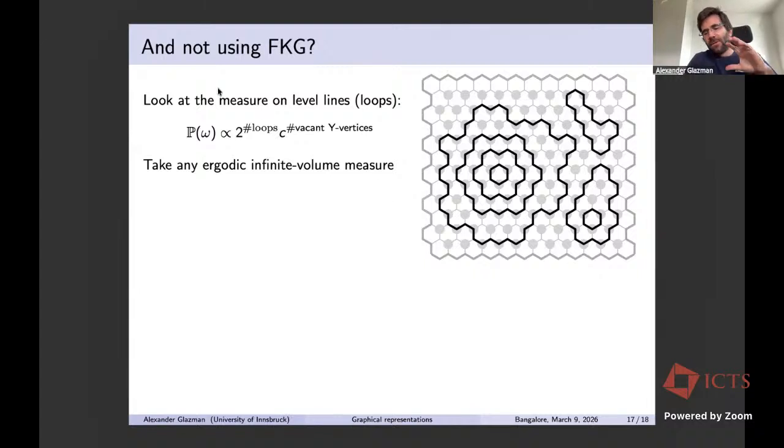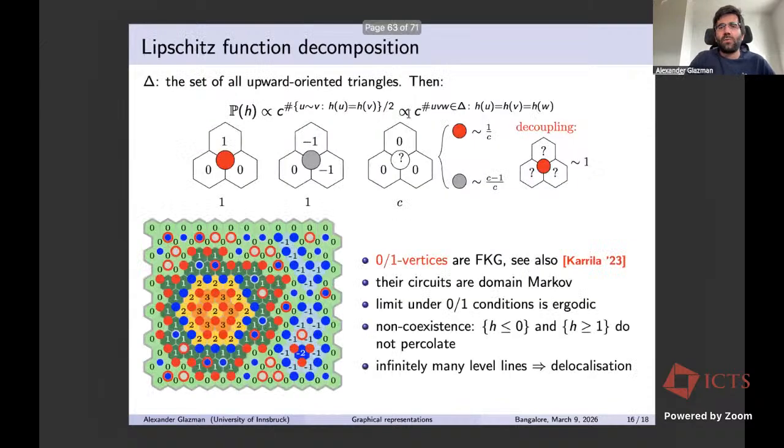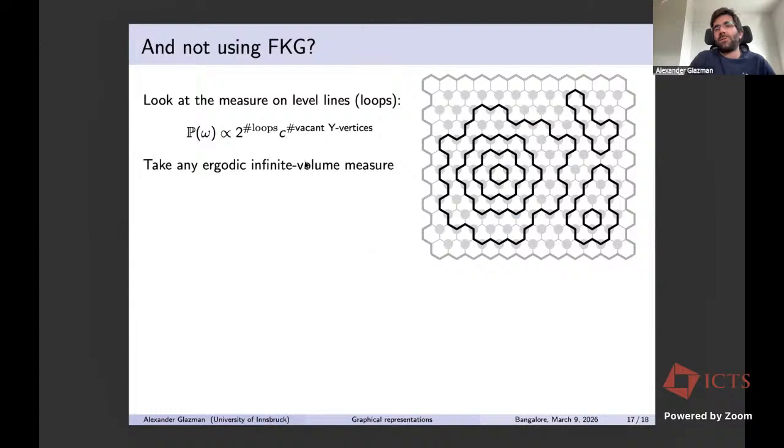Since for every level line you have two possibilities, either it's oriented clockwise or counterclockwise, depending on the heights being bigger inside or outside, your probability of a configuration on these level lines will be given by 2 to the number of loops times the C. Well, before, what we had is 2 to the number of loops times C to the number of triangles where all heights agree, which means where no level line passes, which is C to the number of vacant vertices, and specifically of this type.